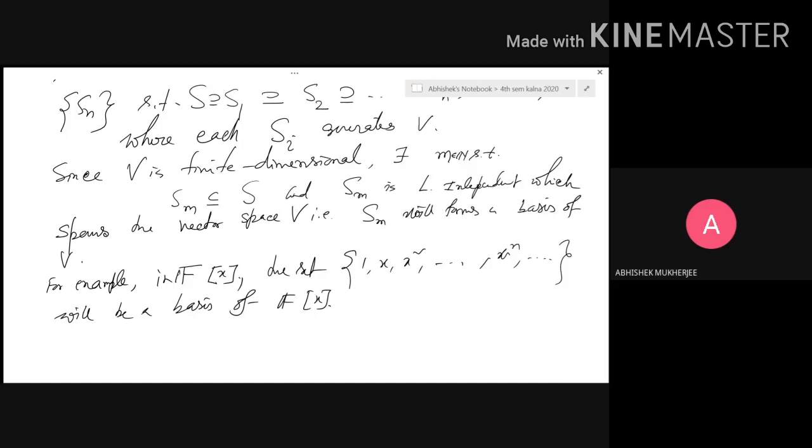Although it is not finite dimensional, because this set of vectors is not a finite set, this infinite set of vectors constitutes a basis for the vector space F[x]. So this example in turn says that vector spaces which are not finite dimensional can also have a basis.